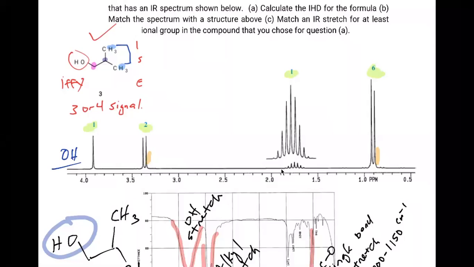All right, so let's see if we can figure out what's what. So for the doublet at 1, what do you think? Look at the integration and tell me what you think that signal is, what set of protons that signal represents.